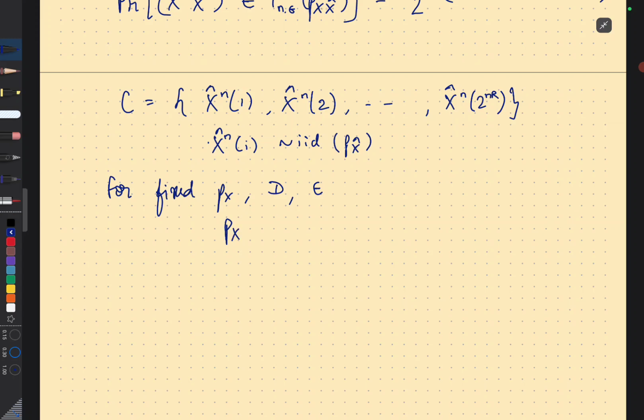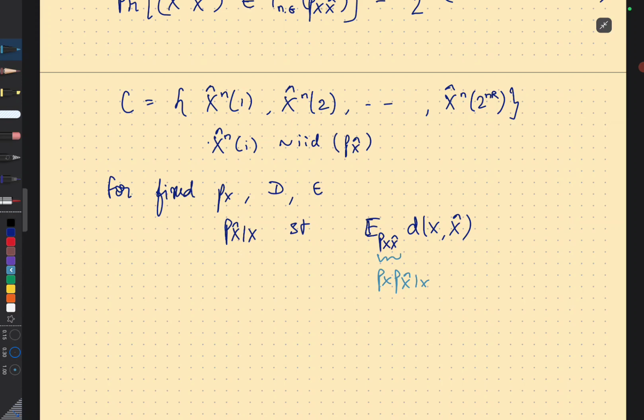And we're also choosing px hat given x such that the expectation of d(x, x hat), when x and x hat are drawn according to px hat given x, remember that this is px, so px is given to us.